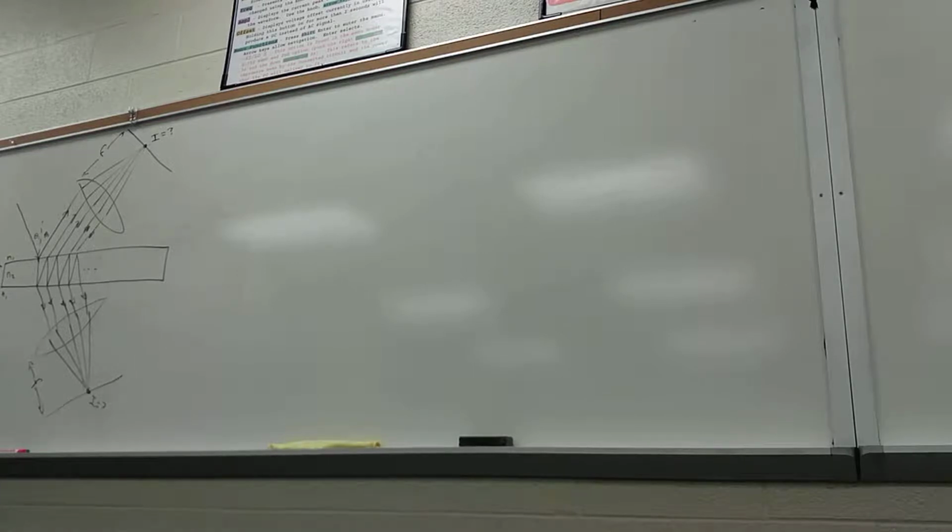Now, we need to just refresh our memory on some notation that we developed. The reflection coefficient when we're in medium 1 going towards medium 2, we called R12, and the transmission coefficient when we're in medium 1 going into medium 2, we called T12.